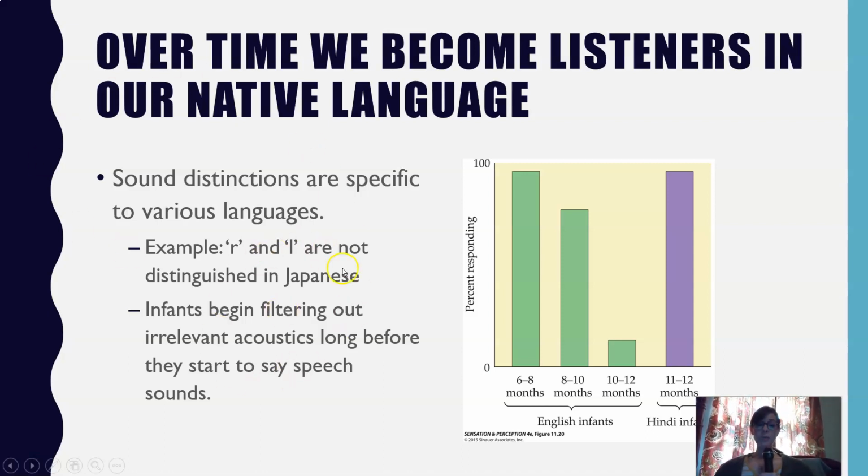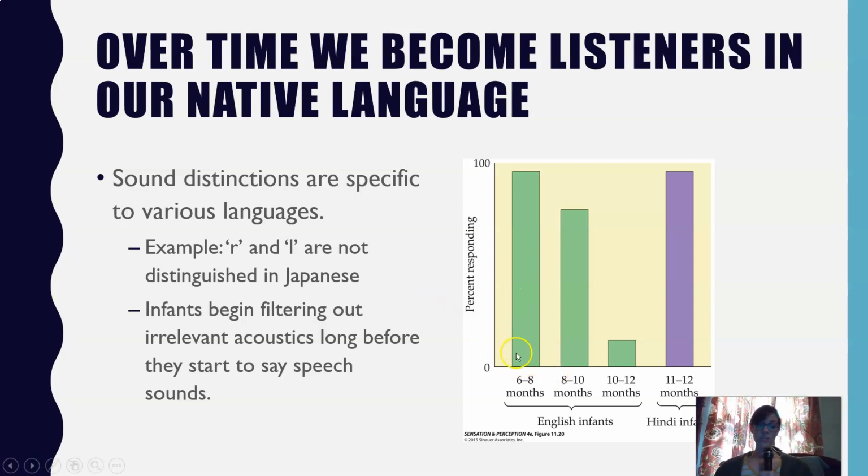Another example that your book gives: there are special variants of the T phoneme in the Hindi language that are produced differently from each other. And for English speakers, they don't sound all that different. So there's a distinction between different types of T sounds in Hindi that English speakers are not capable of hearing.